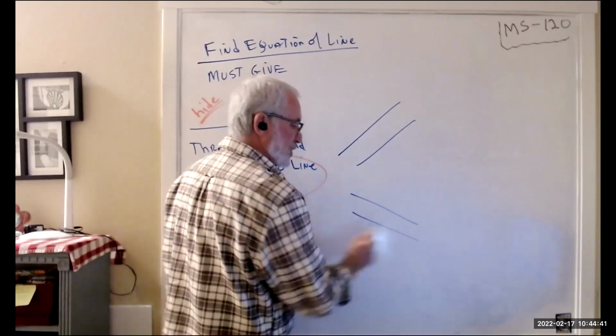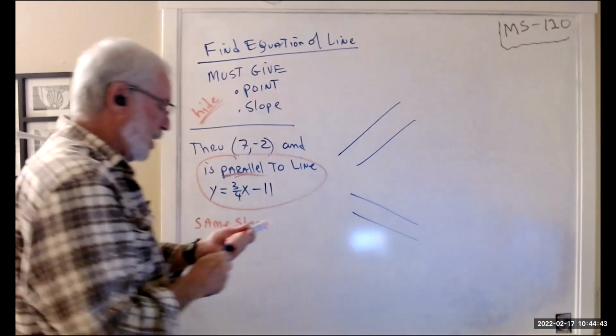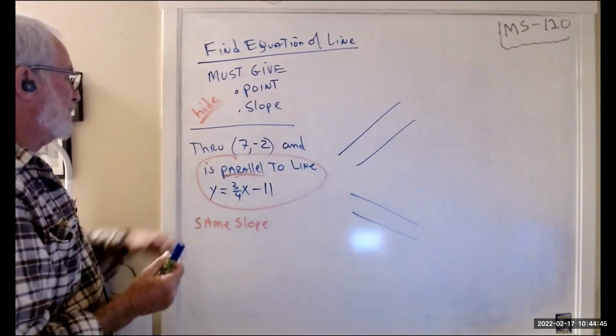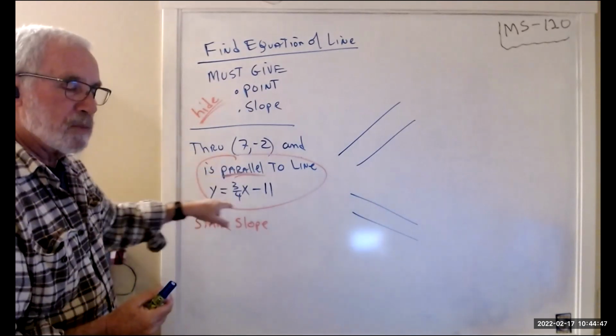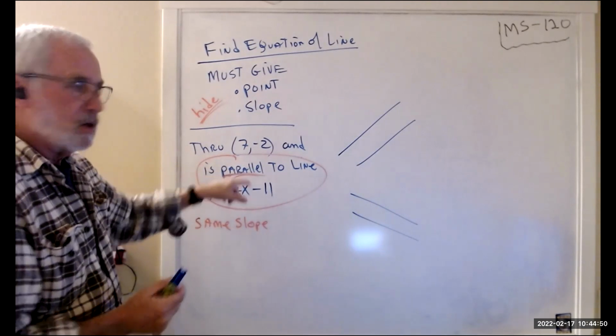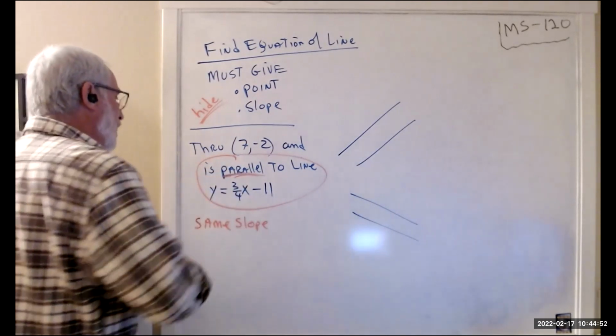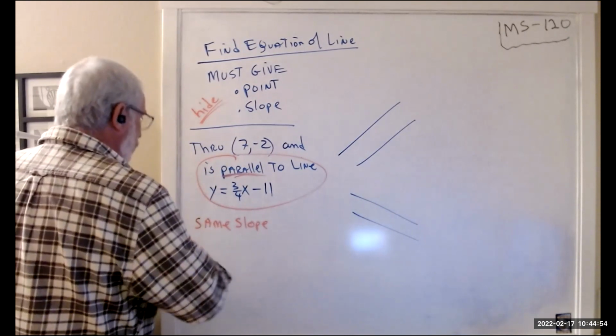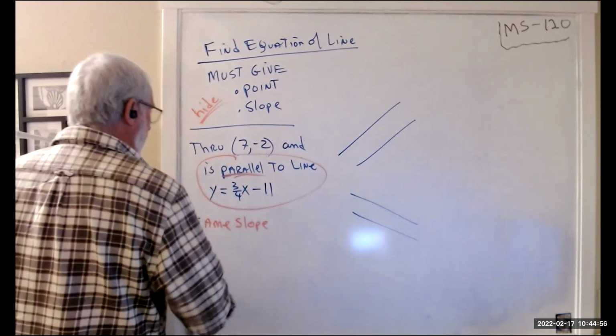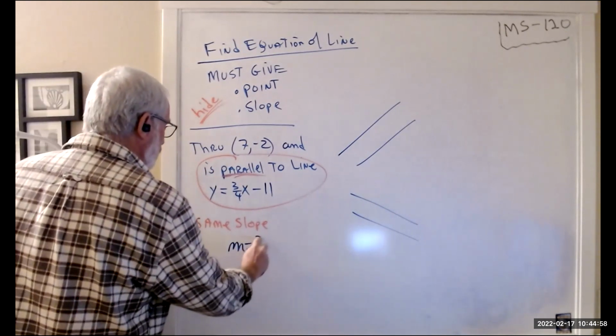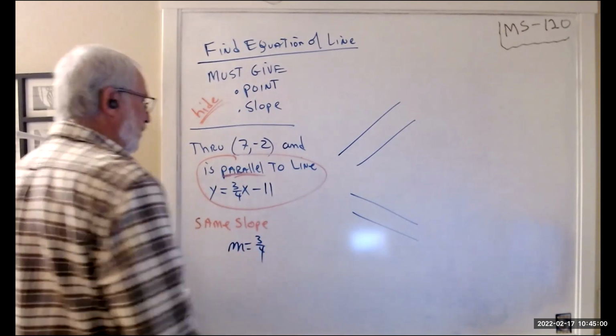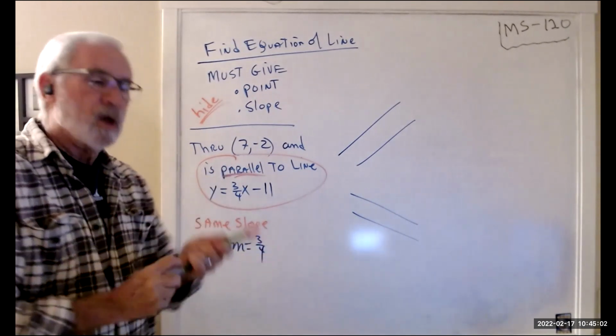Other parallel lines look that way, their slopes are the same. So the slope was hidden inside this word parallel. So for this problem, I've given you the point and the slope is 3/4, hidden inside that word.